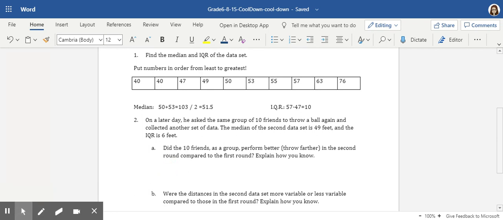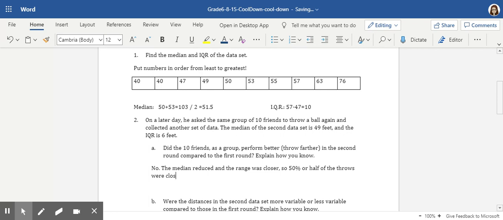Well, I would say that for the first round, the median reduced and the range was closer, so like 50% or half of the scores or throws were close to the median. I would say that they didn't perform any better.